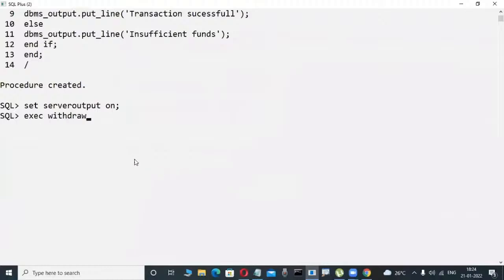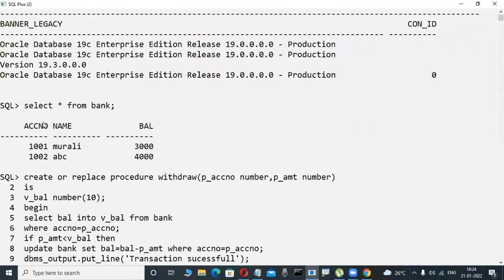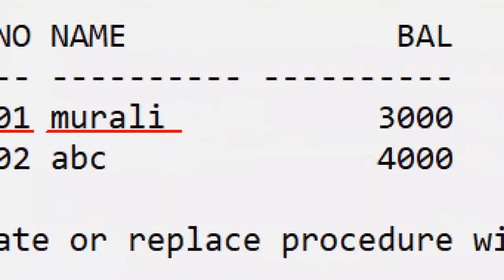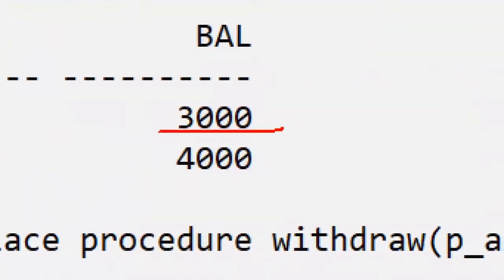Okay, fine. Here I'm passing account number 1001, comma, and I try to withdraw 9,000 rupees, for example. Slowly observe the scenario in this table: 1001 is my account number, Murali is my name. My balance is how much? 3,000 is the current balance in my table.